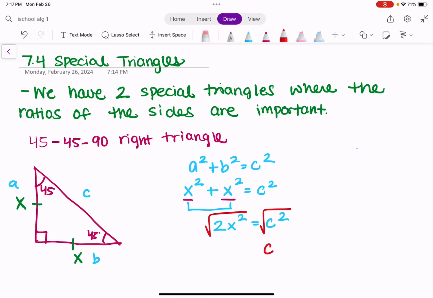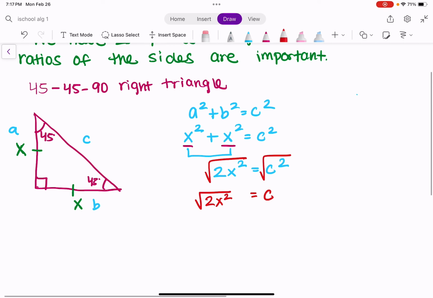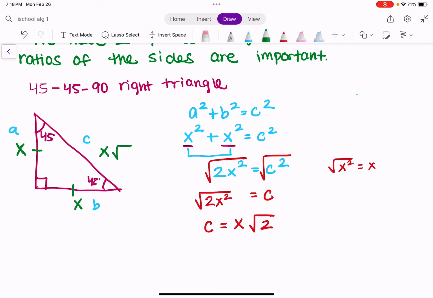So I'm going to get c equals the square root of 2x squared. But I can simplify this to c equals x square root of 2, because I know the square root of x squared is just x. So I just simplified it a little bit further. Okay, so I now know that in terms of x, c is x square root of 2.